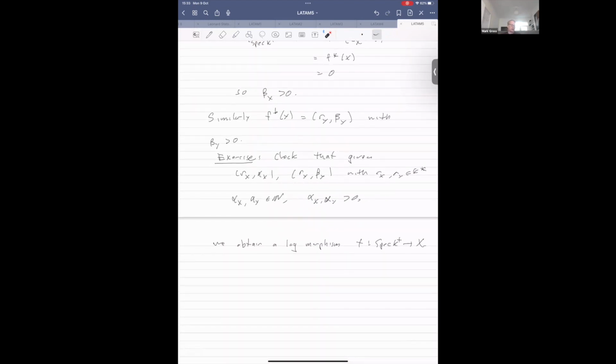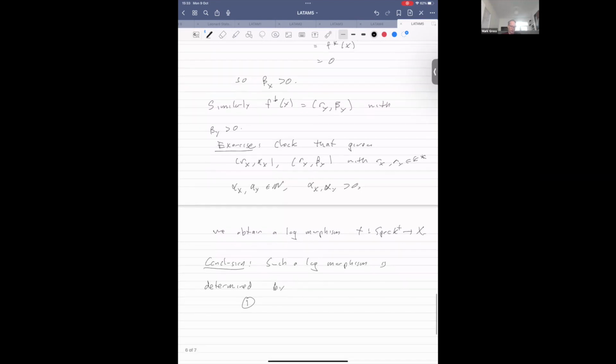Okay, so conclusions, there are a lot of logomorphisms. So there are two bits of data.